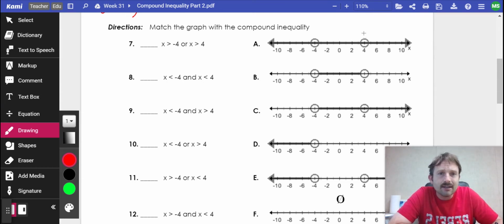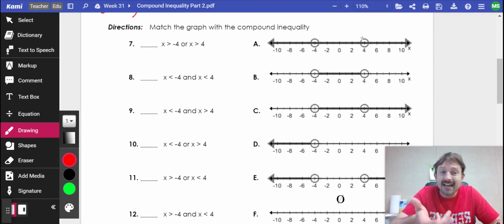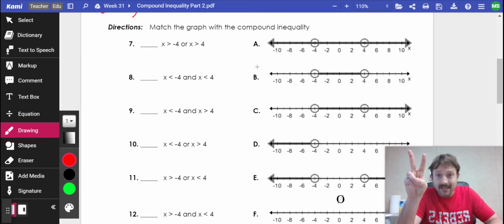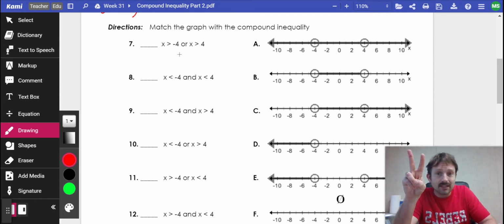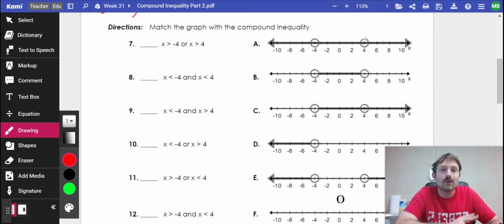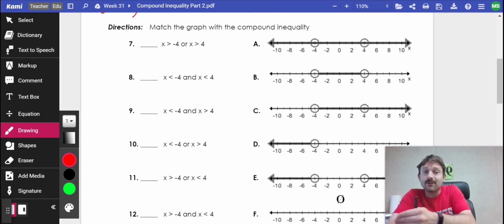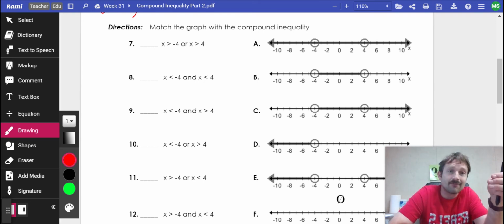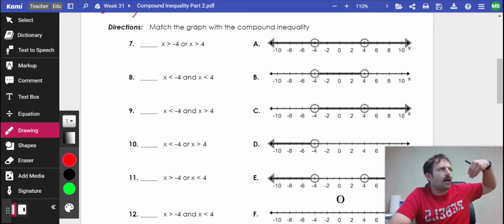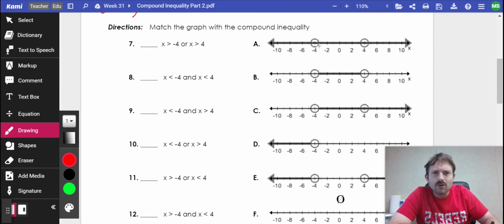I could either quickly graph these, or I could write what these are. I could either translate the math inequality sentence into the graph, or I can translate the graph into the math sentence. So for the first one, maybe I want to just do that.